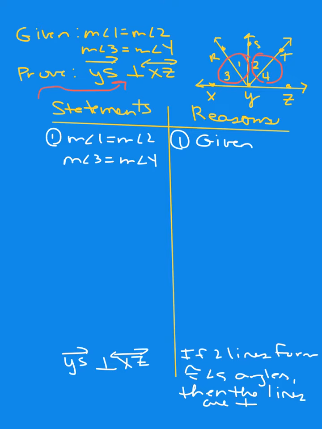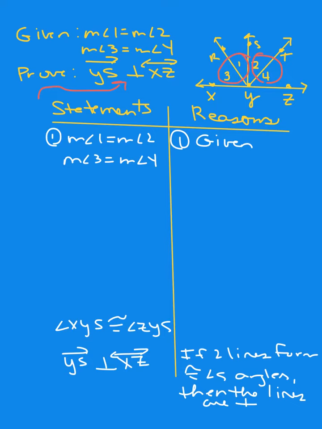So now again, that's my best guess. If I'm wrong, I can always go back and make changes. And we also said that my previous statement, I need to say the angle XYS is congruent to angle ZYS. I don't know the reason now, but I know that's how I need to get there.